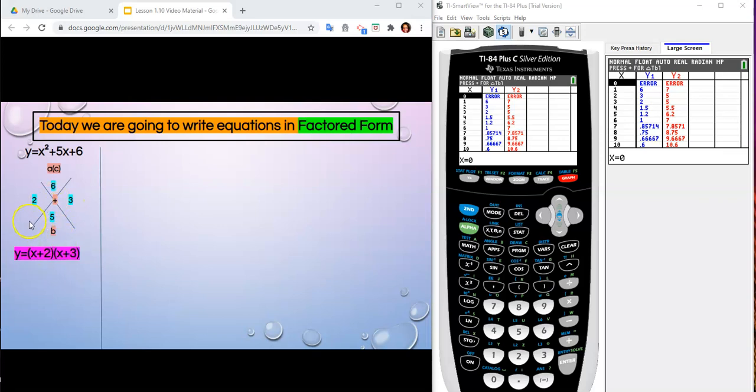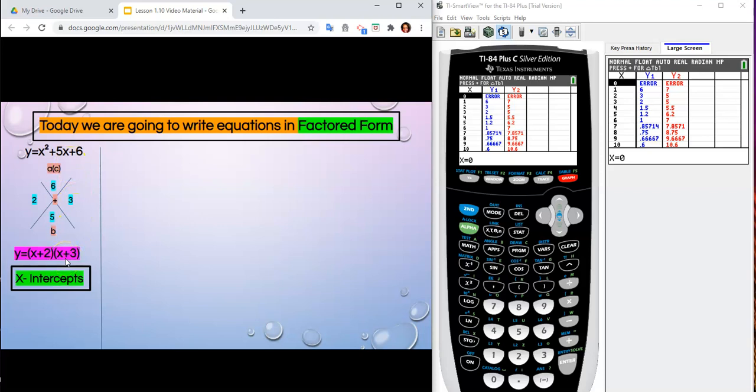But actually, you should see that your factors are going to be x plus 2, where the 2 comes from here, the factors that we were able to find in the calculator, and also x plus 3, and that 3 comes from here because it's a positive 3 and a positive 2. Now, given this information, what I did was take my equation that's written in standard form and rewrite it in factored form.